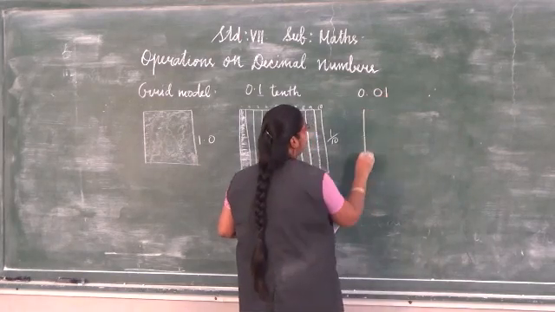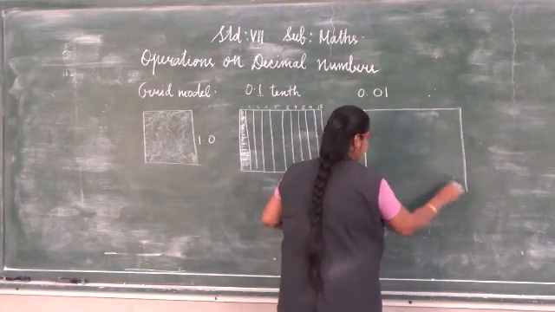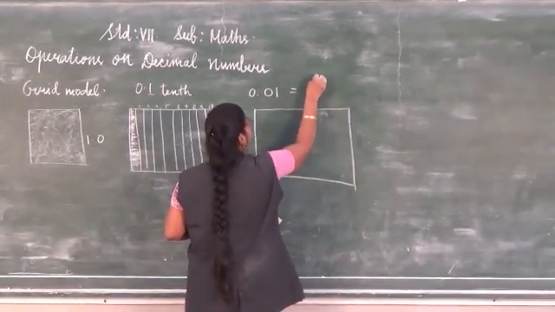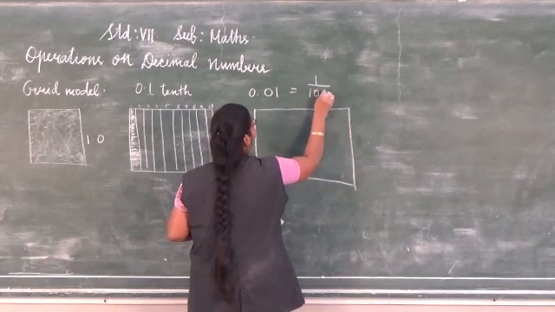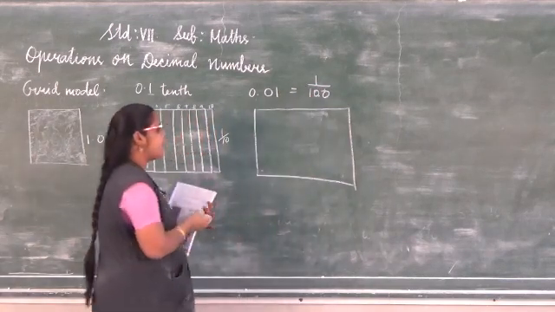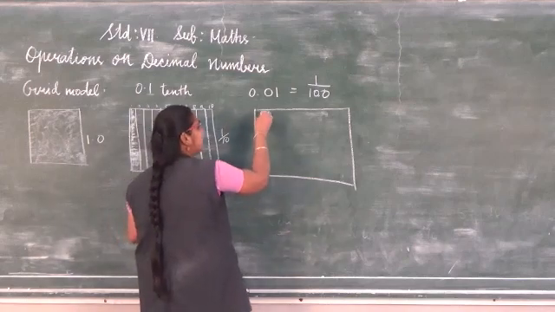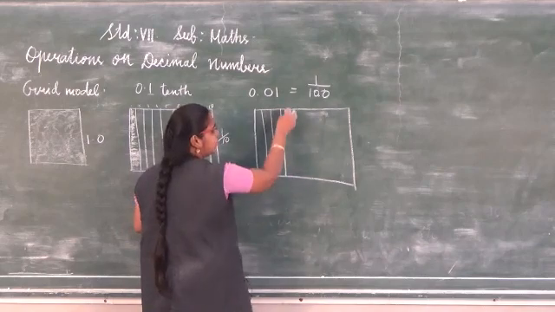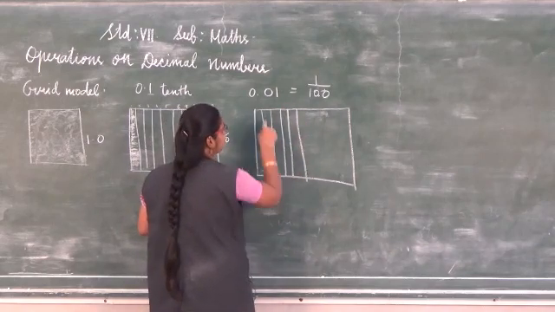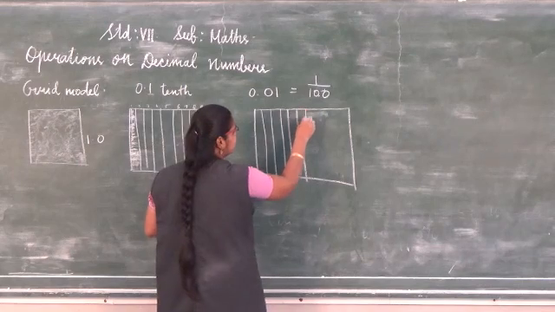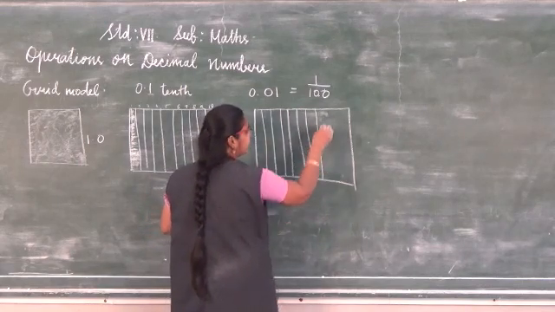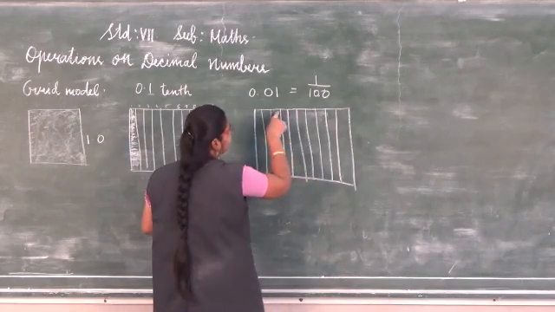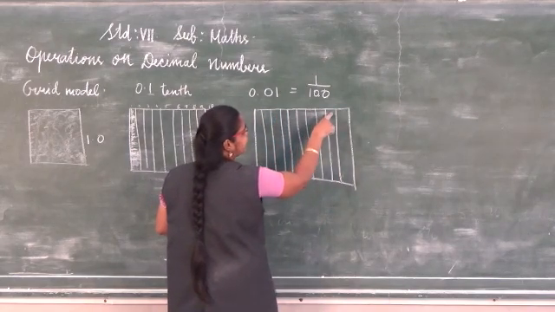0.01. How will you represent it in the grid? This will be written in the hundredths place. 1 by 100 is how we write it in fraction form. So, 10 columns must be there and then 10 rows. 1, 2, 3, 4, 5, 6, 7, 8, 9, 10.